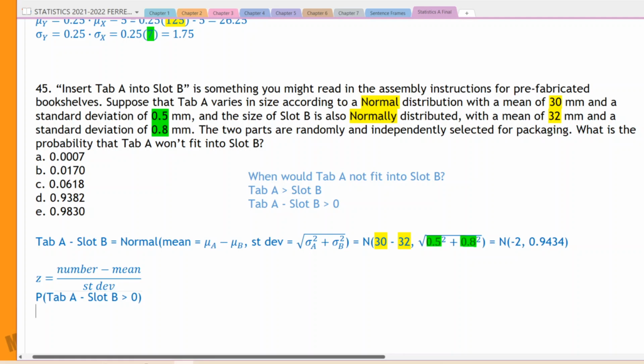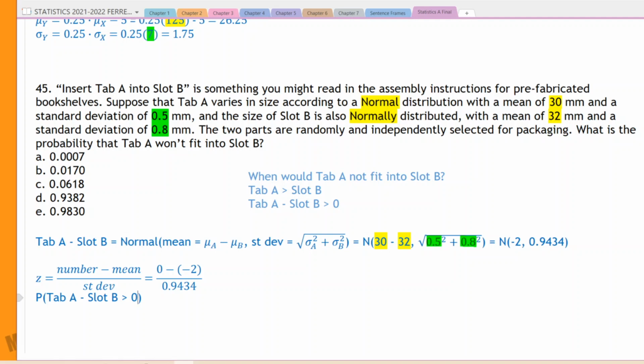So the z-score is going to be equal to the number minus the mean divided by the standard deviation. For us, our number is 0. That's what we're trying to normalize. Minus the mean of -2 divided by the standard deviation of 0.9434. So that's a z-score of 2.120.